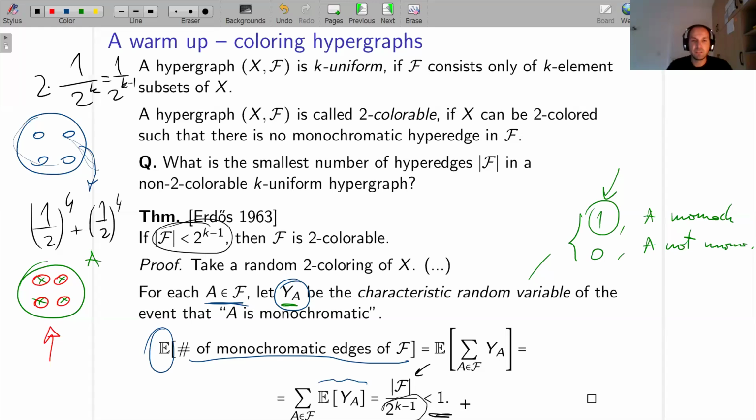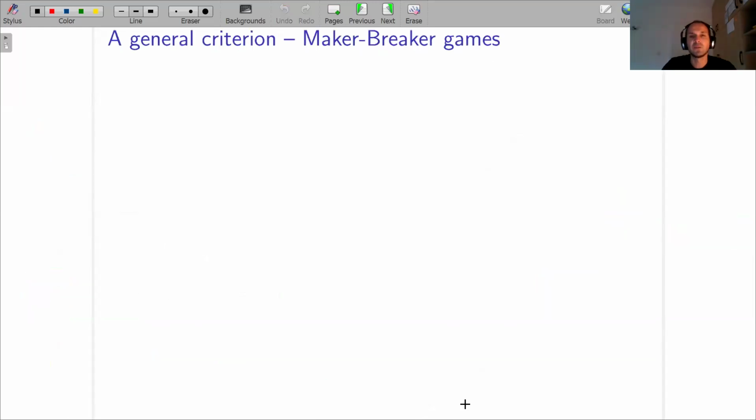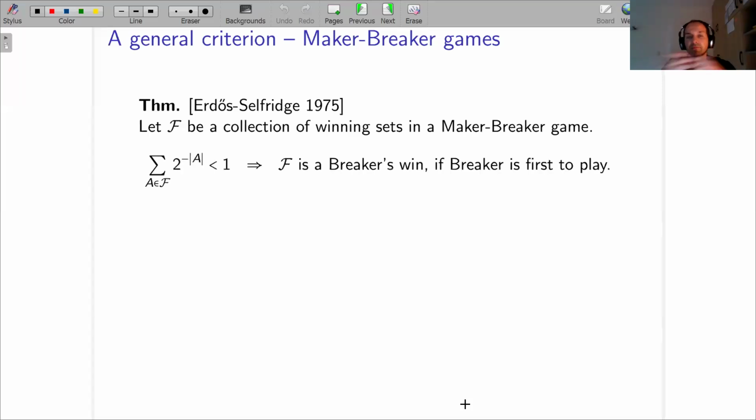Okay, so this is a nice result that we now want to connect to positional games. Well, how do we connect it? We have what we call a make or break criterion, and it's a theorem that I promised: the Erdős-Selfridge theorem from 1975. We are now moving to maker-breaker games.